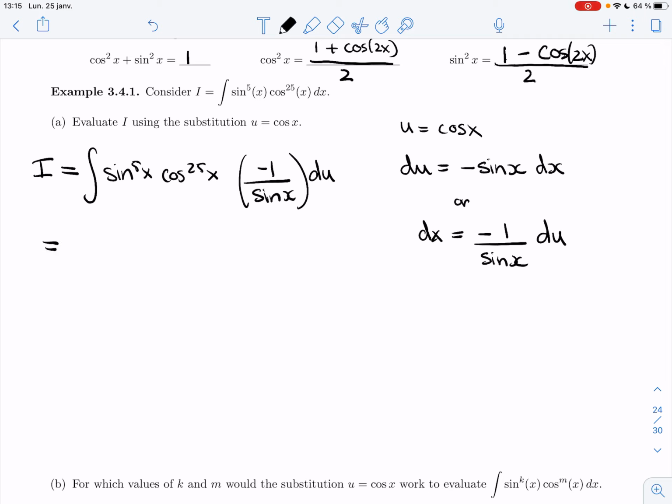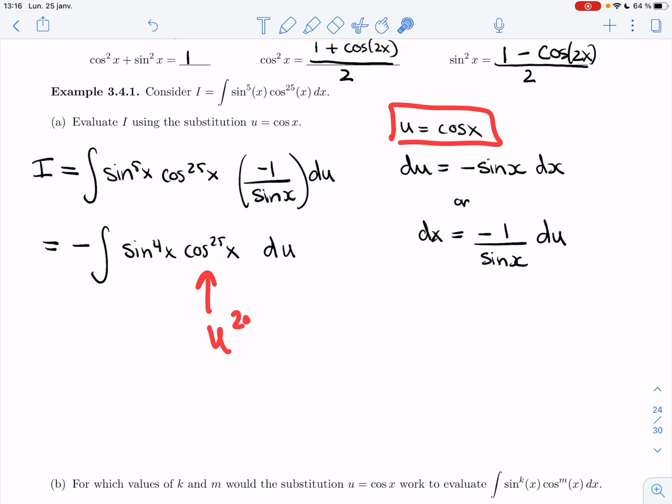All right, the minus is going to come out, and then this sine will cancel with one of those, so I'll end up with 4. So I end up with minus the integral of sine to the 4 of x, cosine to the 25 of x du. All right, to make the substitution complete, I need to rewrite everything I see in my integral in terms of u. This part is easy, it's u to the 25.